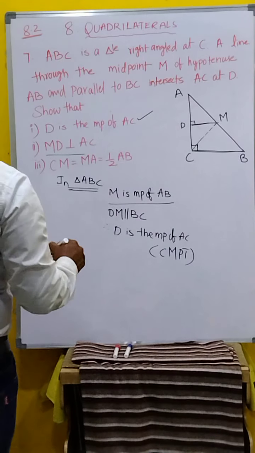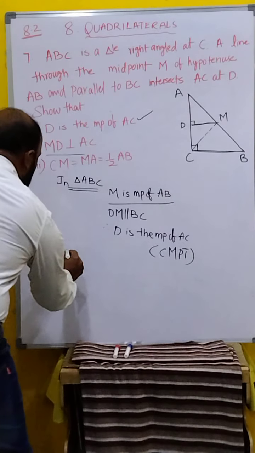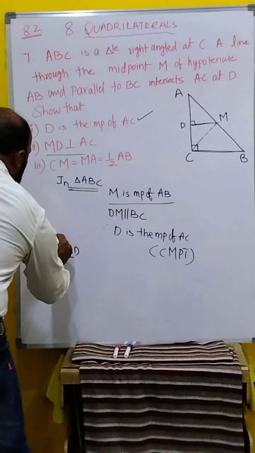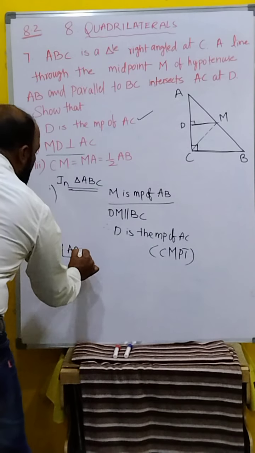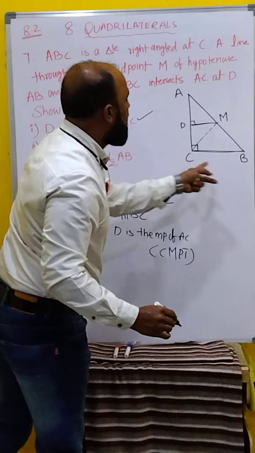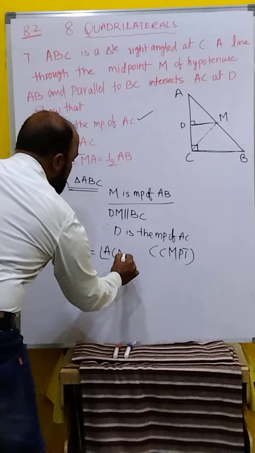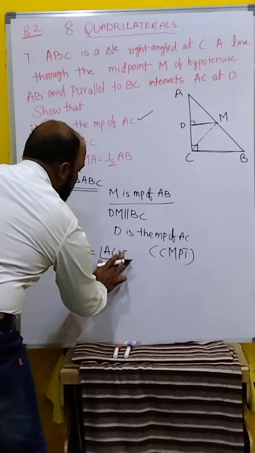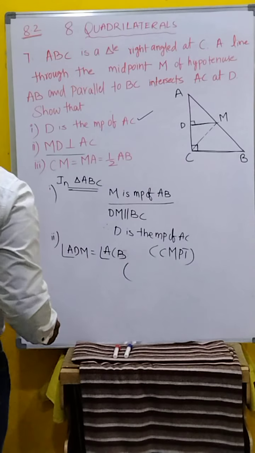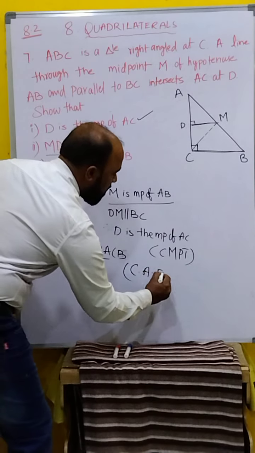Write that here. Angle ADM is equal to angle ACB. What is the reason? Corresponding angles are equal.